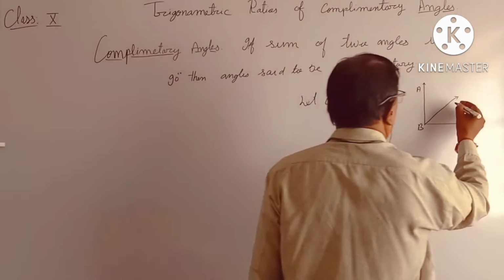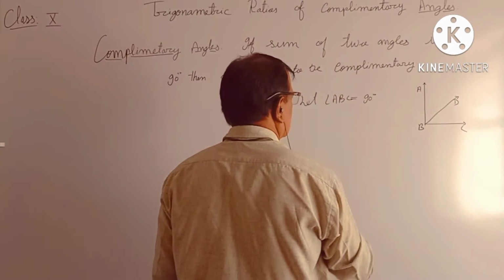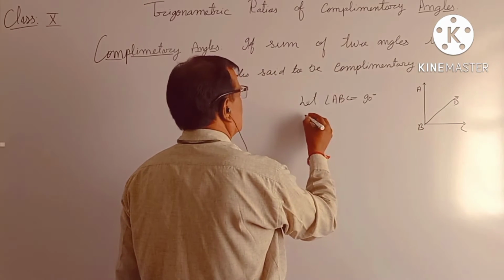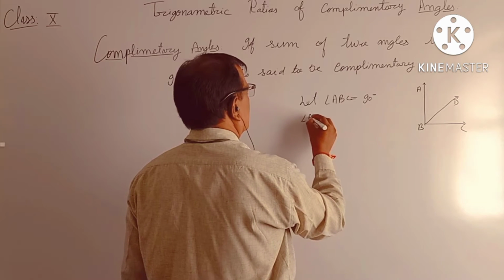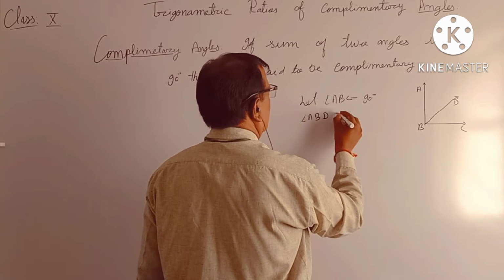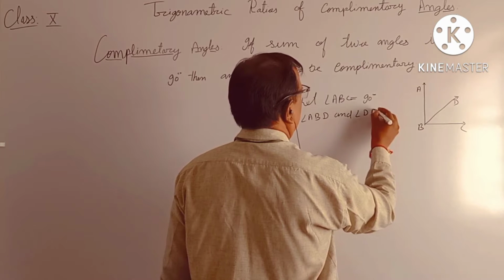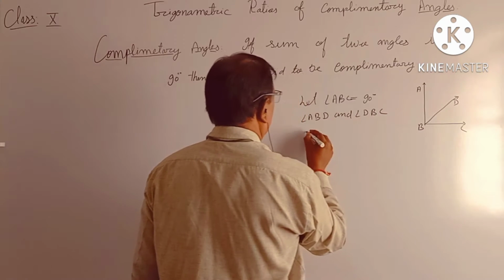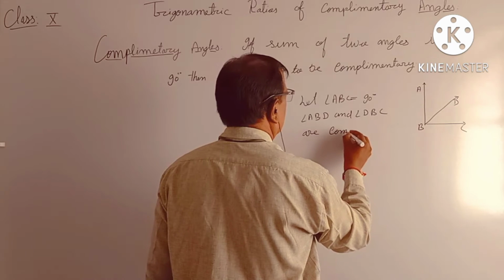Then we see here that if BD divides this angle into two parts, then angle ABD and angle DBC are complementary.